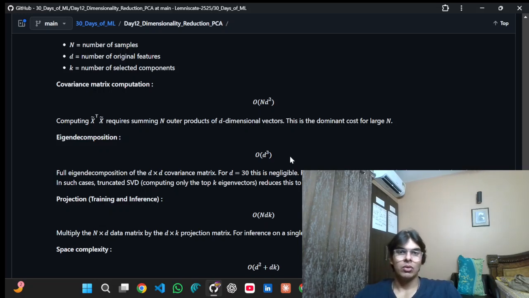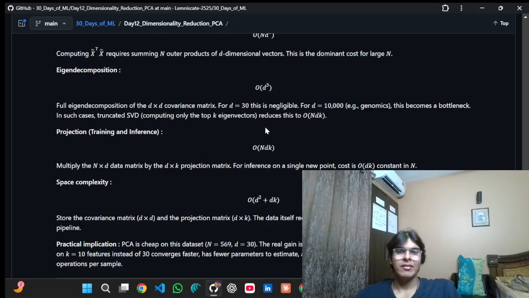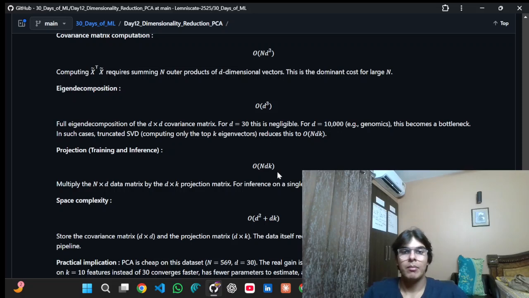Then we did the projection, where we multiplied each individual data point x of i with the direction vector w. When we do this, we get another ndk time complexity. n for the number of samples, and d into k is the size of the projection matrix. So the total complexity is all of these three values combined: ndk, d cube, and nd square.